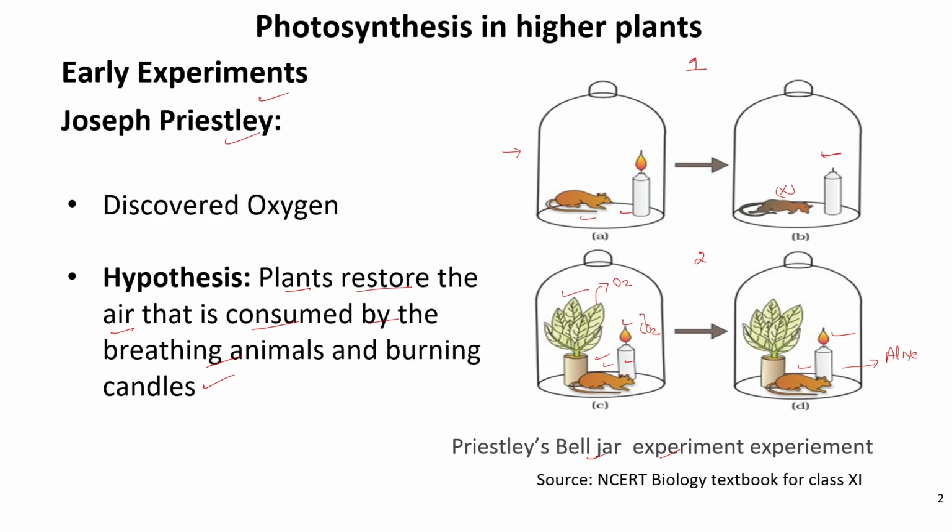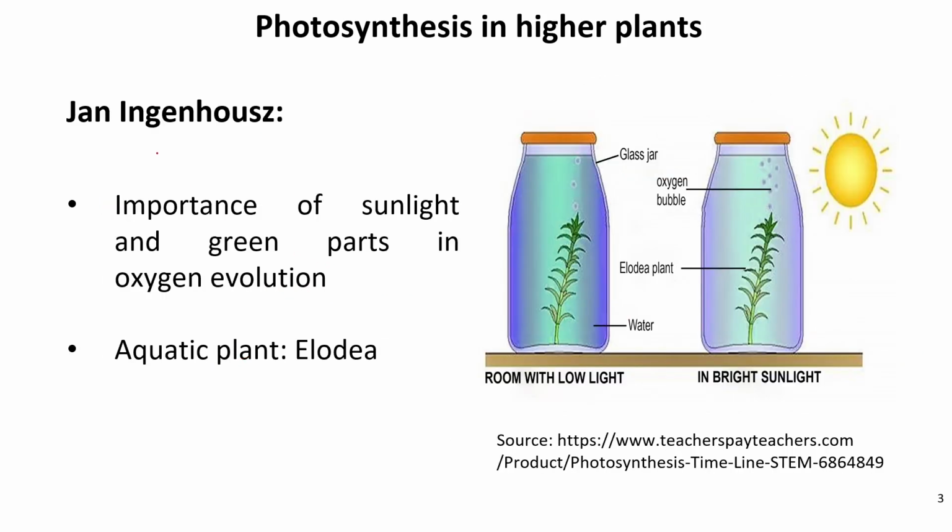So this carbon dioxide can be used by the plant in the process of photosynthesis. So from this experiment, what did Joseph Priestley do? He discovered oxygen. Alright, and he said that the plants restore the air consumed by the burning candle and the breathing animals.